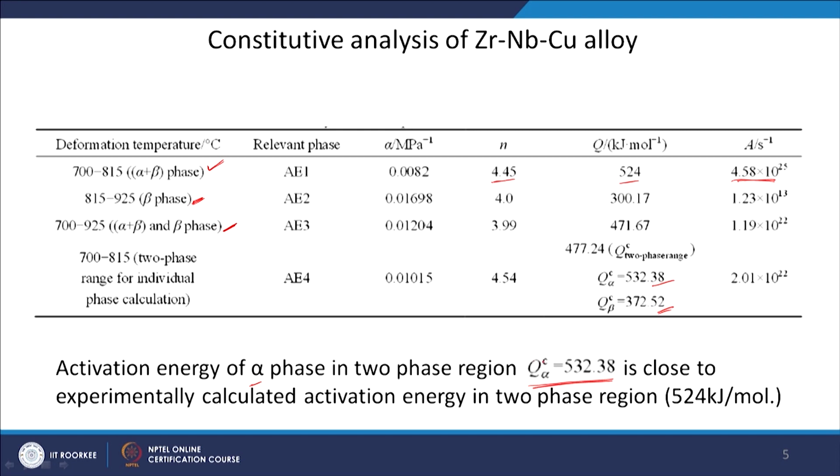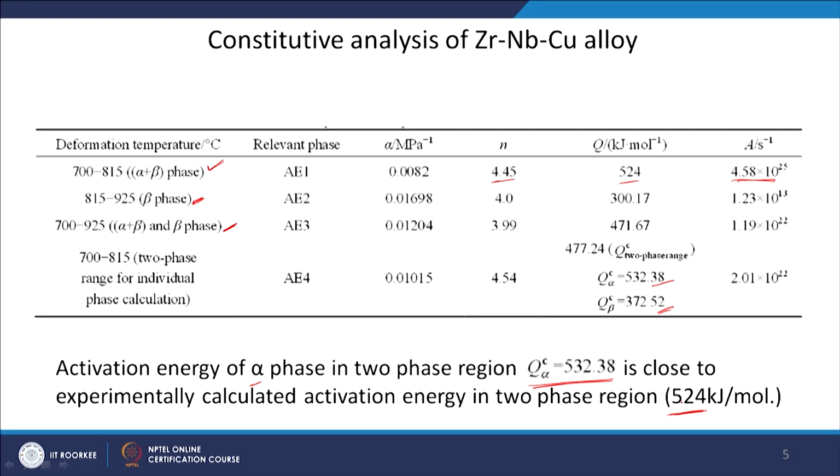So, Q alpha C is for calculated. If it is experimental, we did not put any suffix here. And the experimentally determined activation energy in the two phase region was 524 kilojoule per mole. So, you can see these two values are very close to each other.